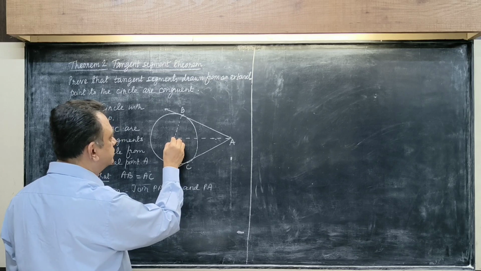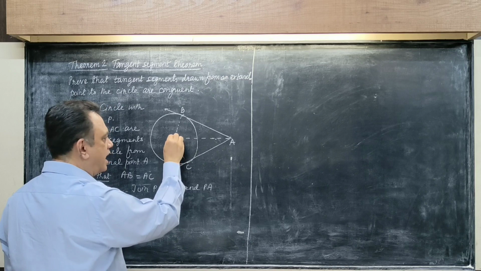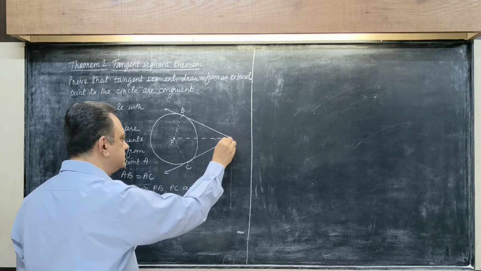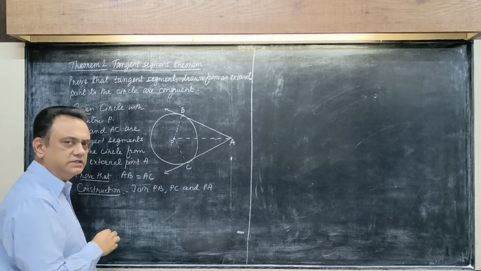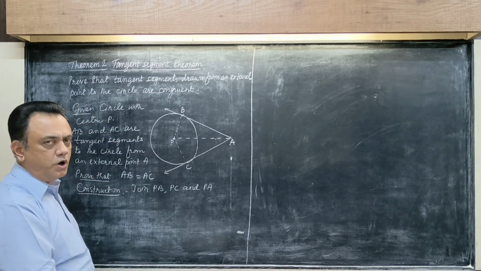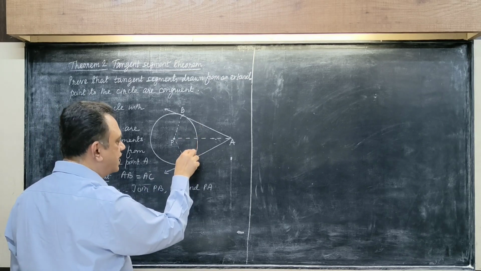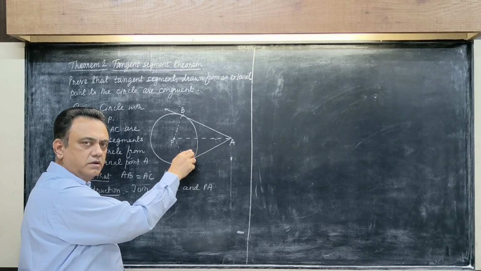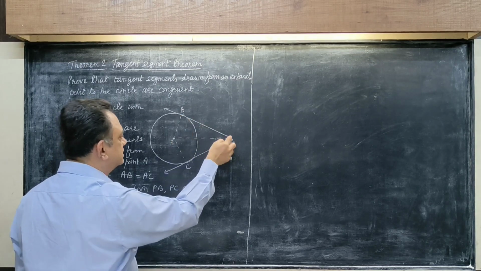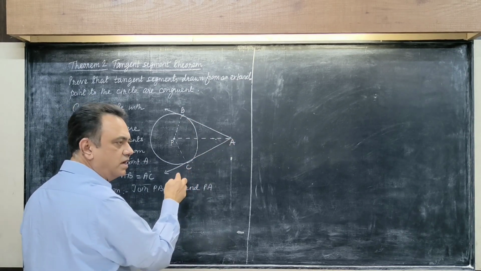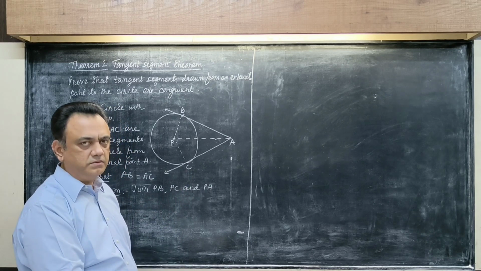I will take the triangle PBA and triangle PCA. 2 triangles. I'll prove them congruent. Once I prove these 2 triangles congruent, that's very simple. I can say therefore AB is equal to AC, corresponding sides of congruent triangles.